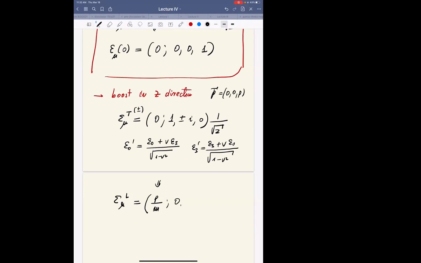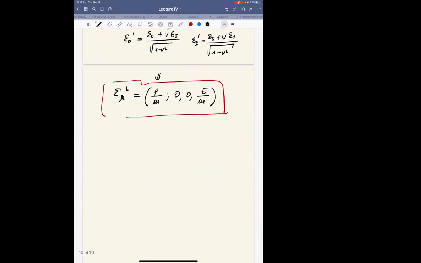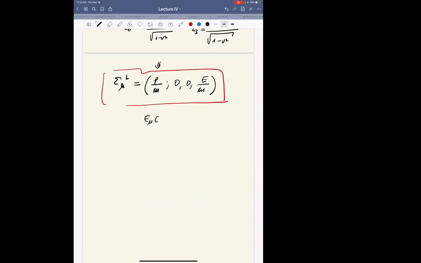Then I have 0, 0, E over M. This is your polarization tensor. Notice the way they are canonically normalized. Epsilon mu squared is -1, the way we normalized.